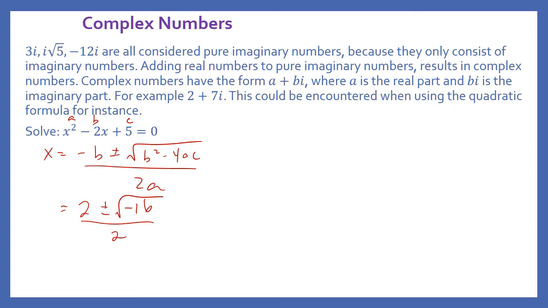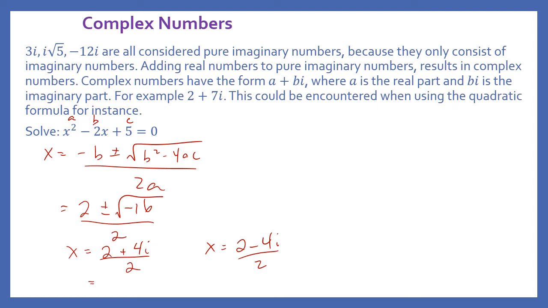So we can split this off into two solutions. 2 plus, now the root of negative 16 would be 4i over 2, and x equals 2 minus 4i over 2. And these can be simplified further, because they're both divisible by 2.